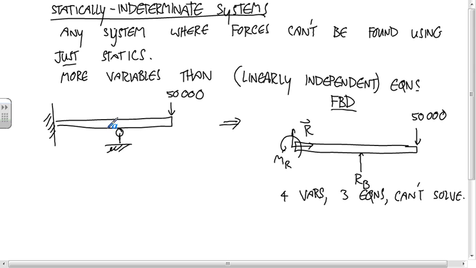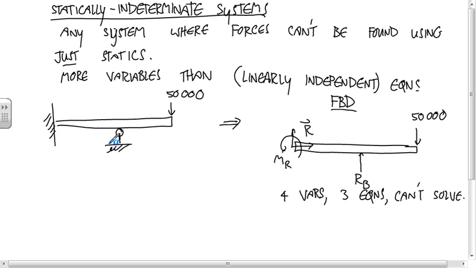And not only that, statically indeterminate means that there's infinitely many solutions to the problem. And intuitively, it's not like it's going to toggle between these different solutions. If you measured the loads at these different places, they'd be consistent. They'd stay whatever they started as.